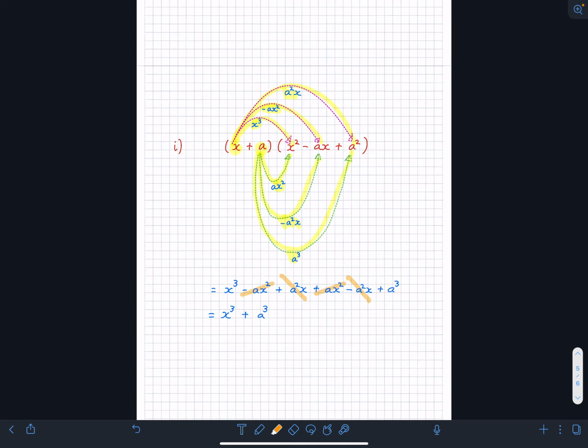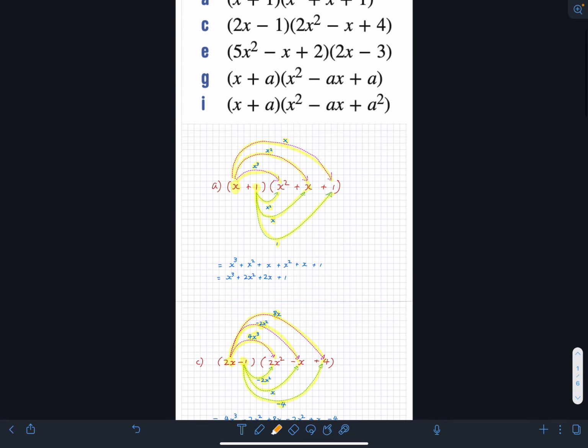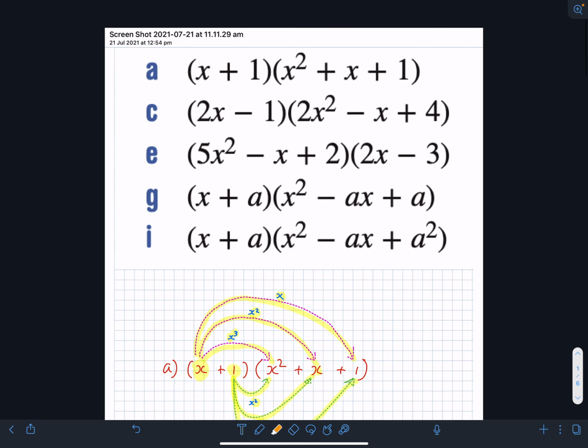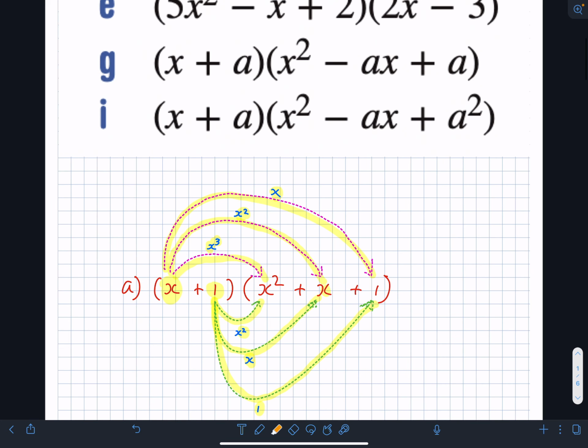So we have been able to expand and simplify by first multiplying out the first term in the brackets by each of the terms in the second brackets, as shown with the pink dotted lines at the top.